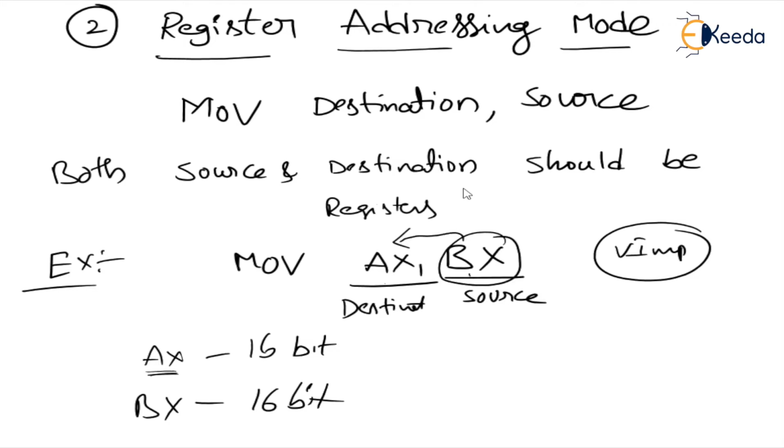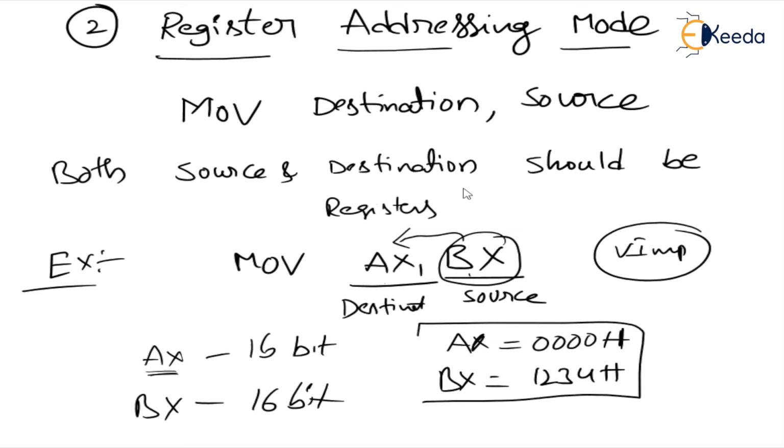Suppose initially ax is 0000h and bx is 1234h. After executing this instruction, what is the data of ax and bx? The ax value is now 1234h. And bx is also the same, 1234h.